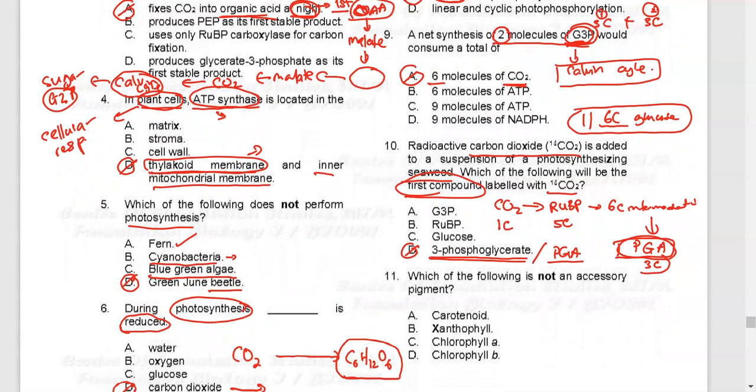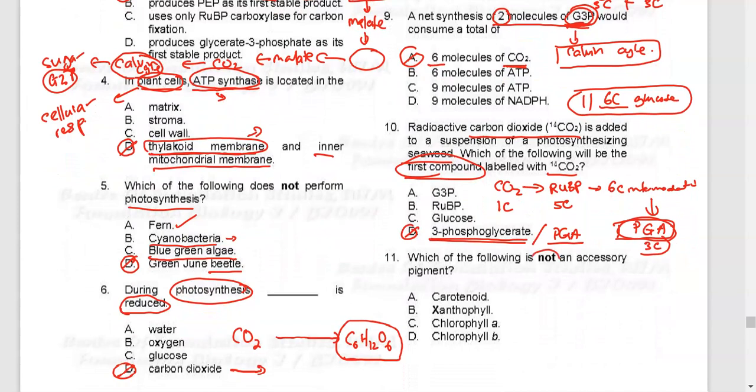Question 11. Which of the following is not an accessory pigment? The answer would be chlorophyll A. Chlorophyll A is the main photosynthetic pigment of plants. It is the most abundant, and it is found in the reaction center of PS1 and also PS2.